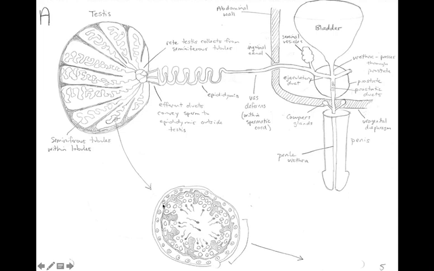So the shorthand version here is that the spermatogonia, the stem cell, will divide. One of its daughters will remain as the stem cell. The other will pass into the wall of these Sertoli cells. The Sertoli cells have cell-cell connections that zip and unzip, if you will, as the cells are passing between them.